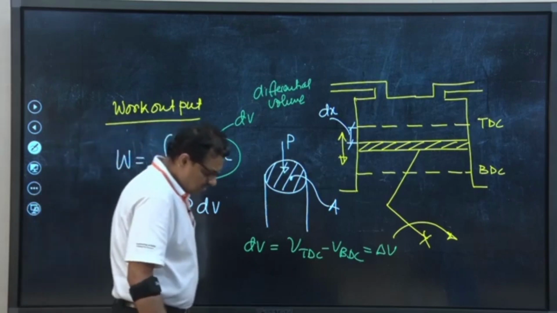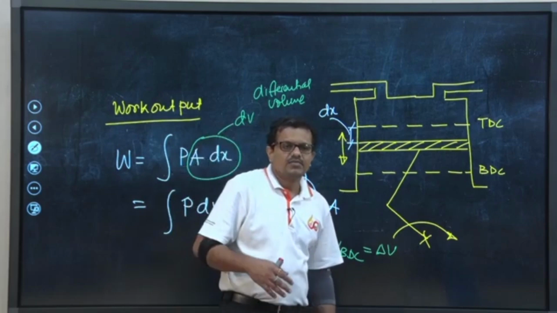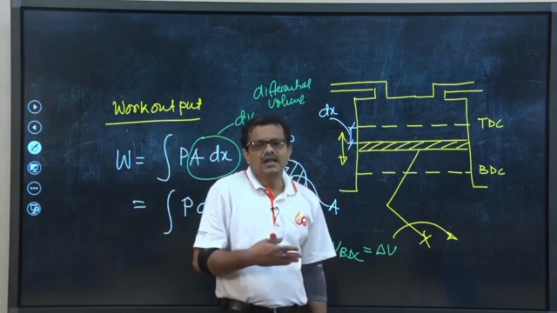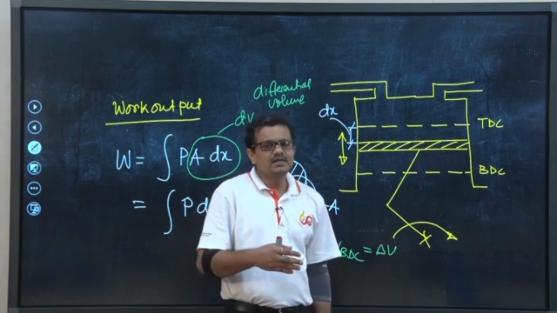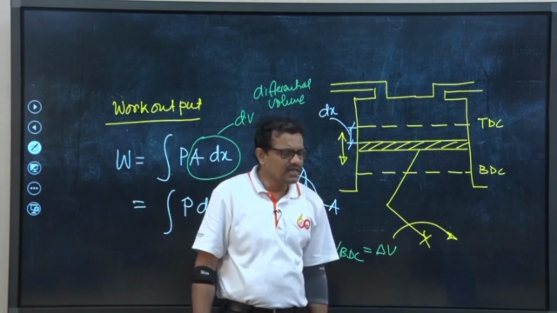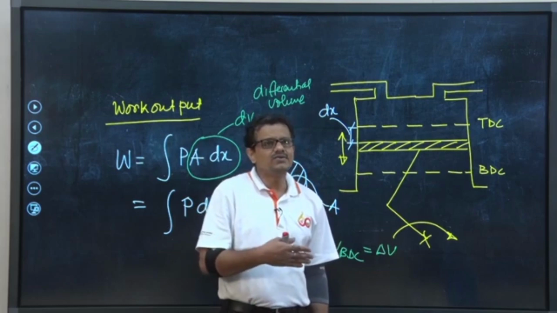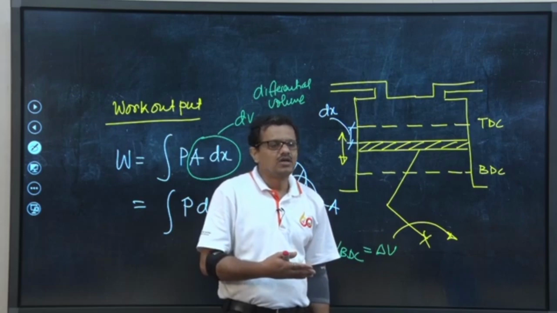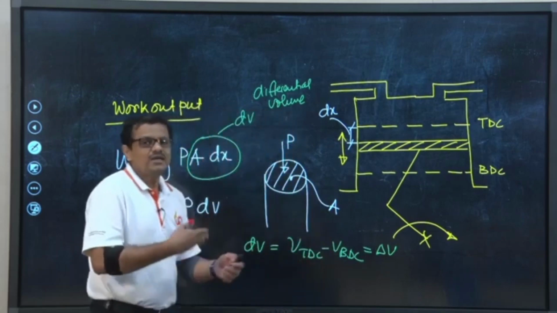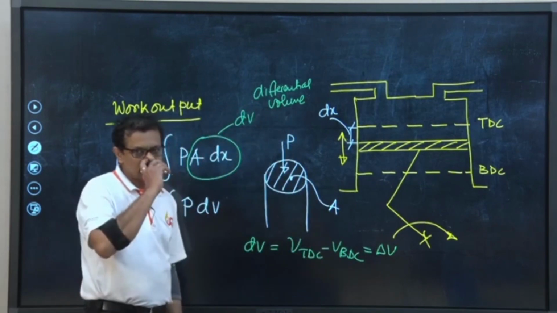Now, you know that engines are very often multi-cylinder, and if engines are multi-cylinder, then it is convenient to analyze the engine cycles per unit mass of the gas in the combustion chamber.